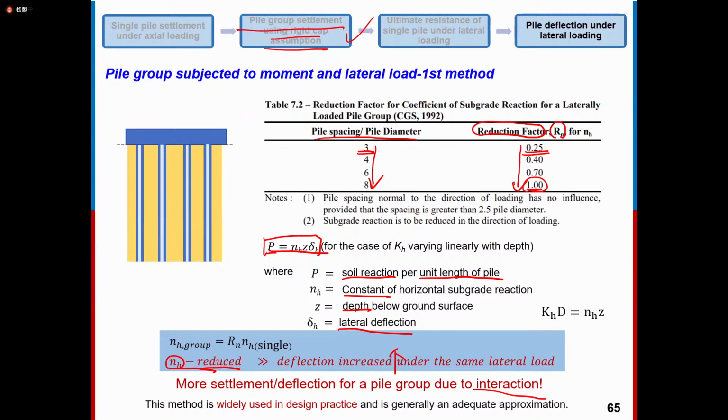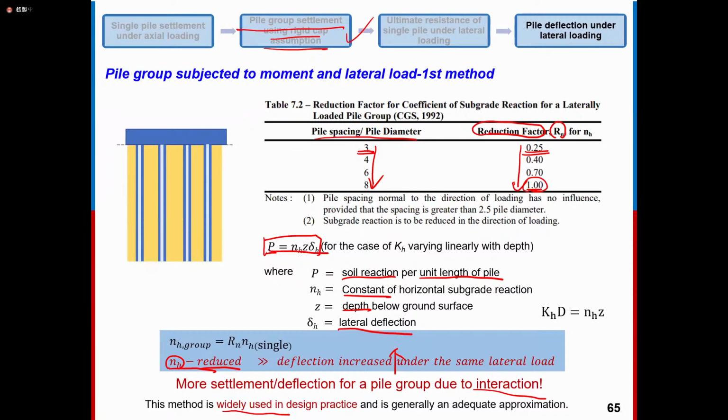So again to remind you, the pile group actually has an adverse effect on the settlement and the deflection in pile design. Even though this method seems quite simple, it is widely used and can generally produce an approximate result.